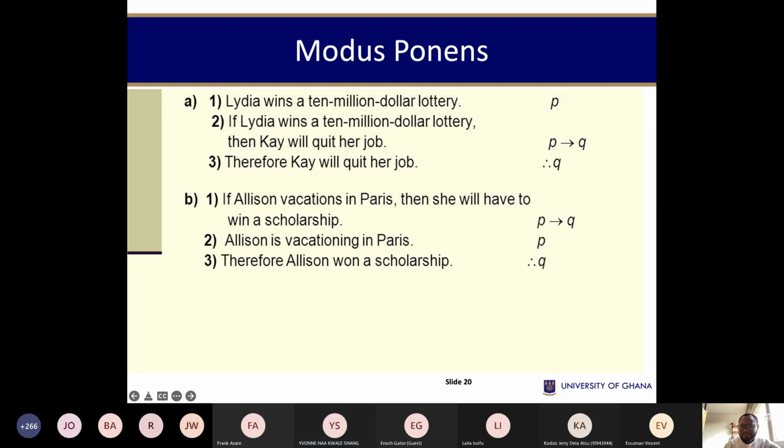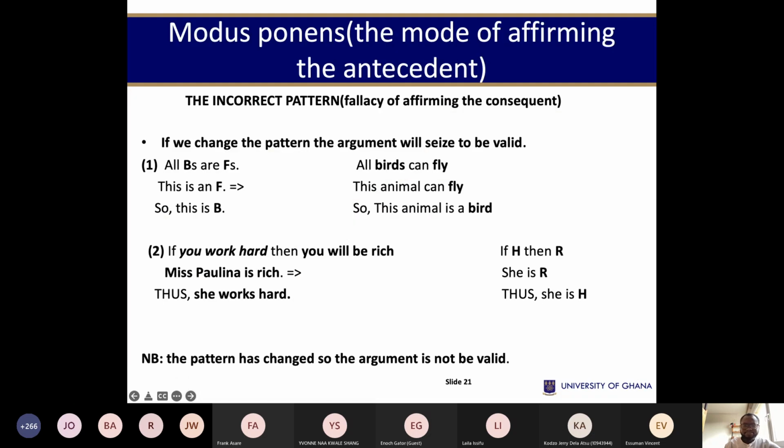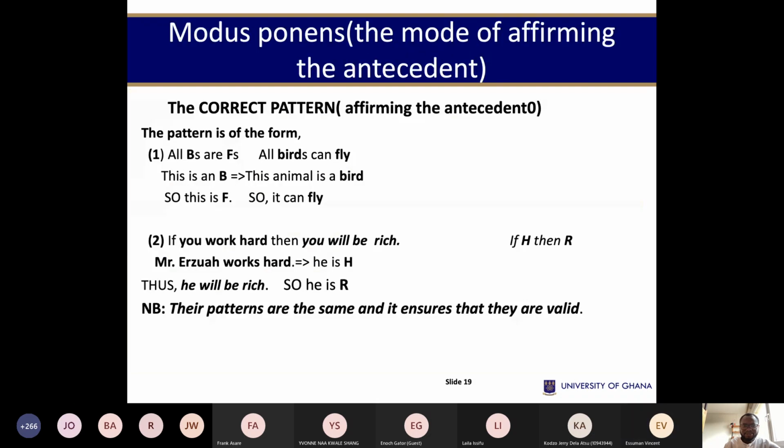Let's look at another example. If you work hard, then you will be rich. So you see here too, we use H then R. Now, we are saying that Mr. Ezra works hard.